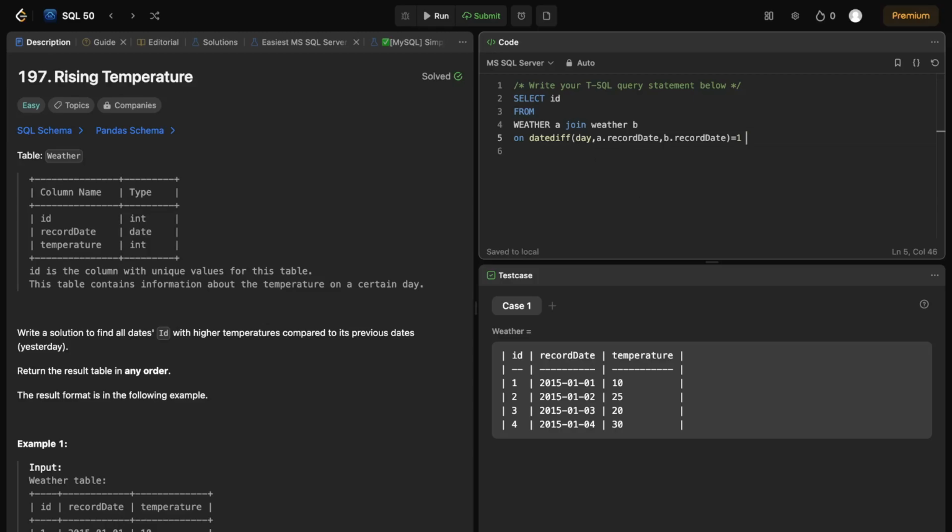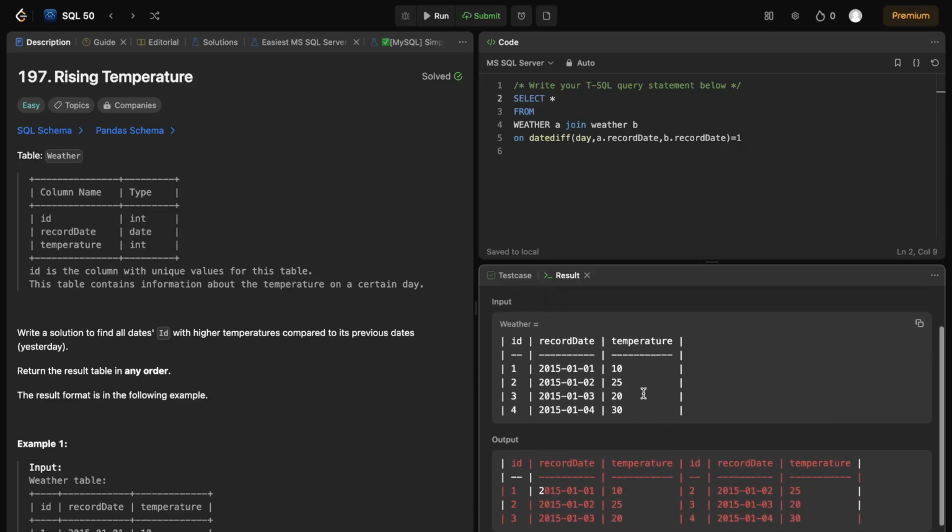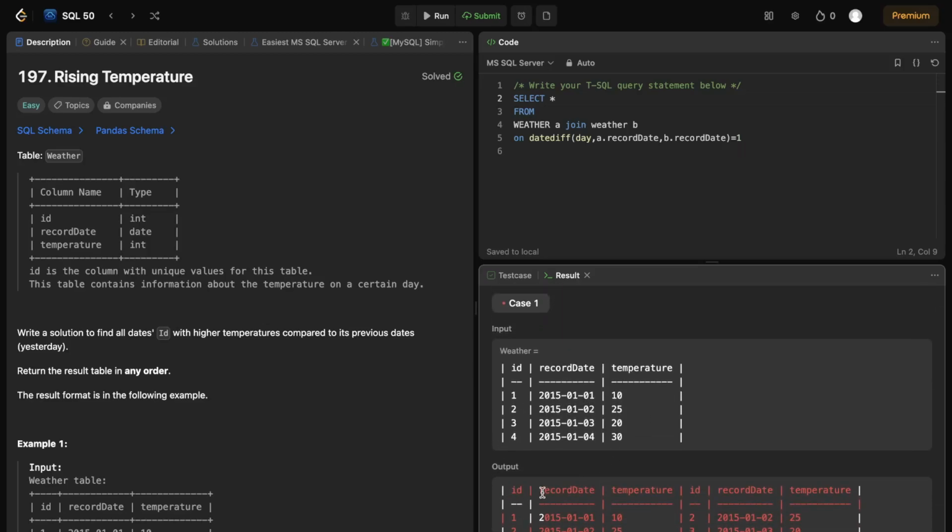So that is my first condition. Okay, first let us simply check the output of this condition, so we can see what the output of this self join is. Over here you can see the date, the temperature on that day, the second date, which is the next day, and the temperature on the next day.